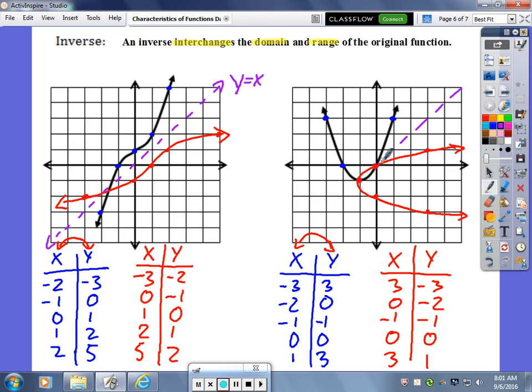If you draw in your diagonal, you see two of these points, also points on the original graph, were directly on the diagonal. That means that they remain the same for our inverse curve. And the rest, you can again see that the curve, the red curve, is reflected along that diagonal from the black curve. Now I keep saying curve, and it's because the red is not a function.